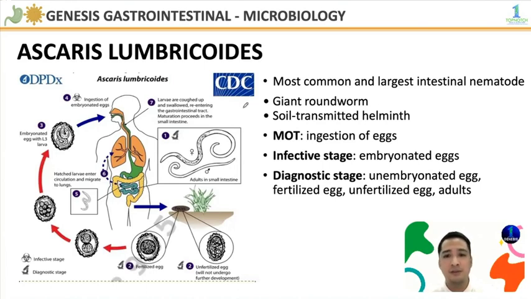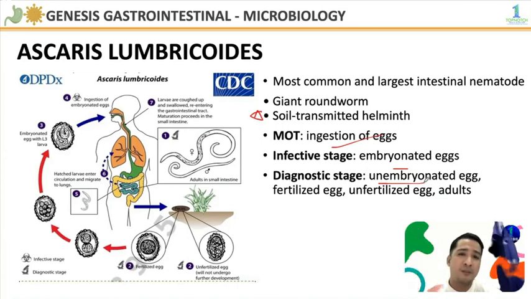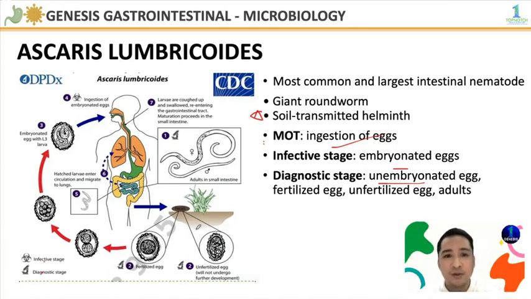The mode of transmission is soil-transmitted helminth: you ingest the eggs of Ascaris. The infective stage is embryonated, the diagnostic stage is unembryonated. It is very important in parasitology to take note of the mode of transmission, infective stage, and diagnostic stage. In almost all the figures lifted from the CDC, we can see the infective stage and the diagnostic stage. And of course, the fourth thing you need to know is the treatment.